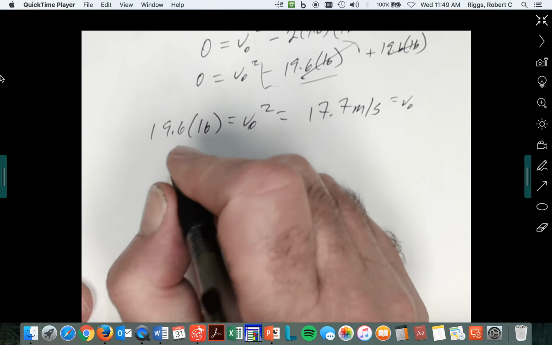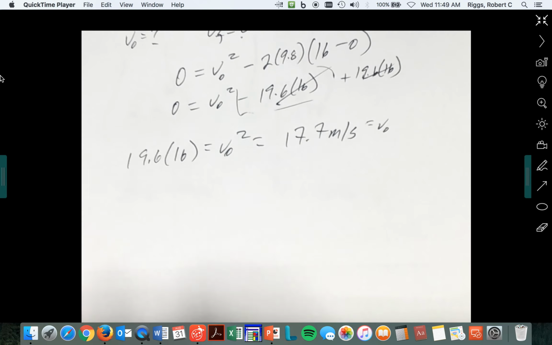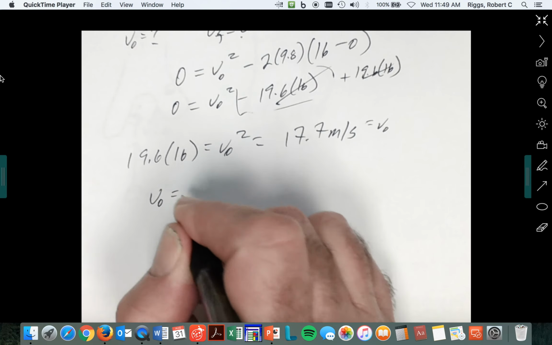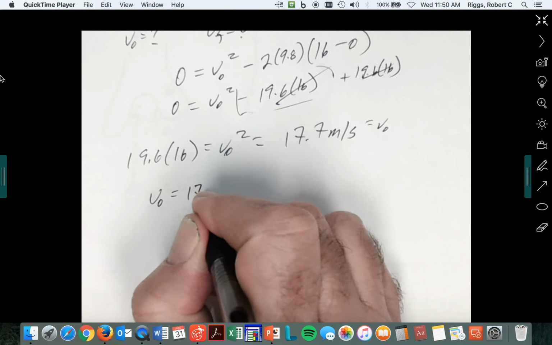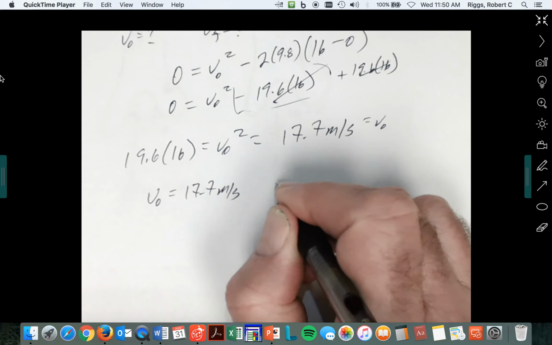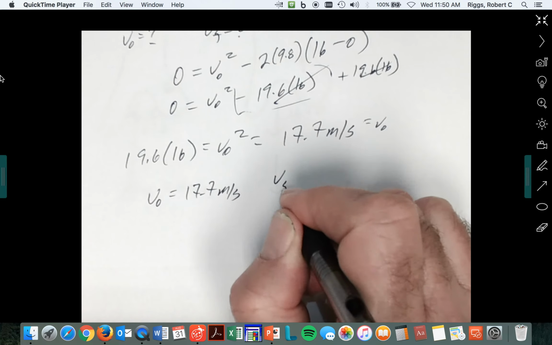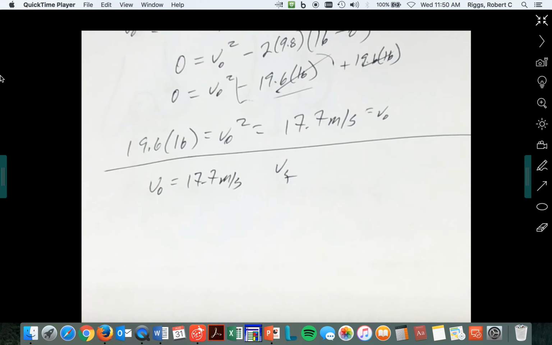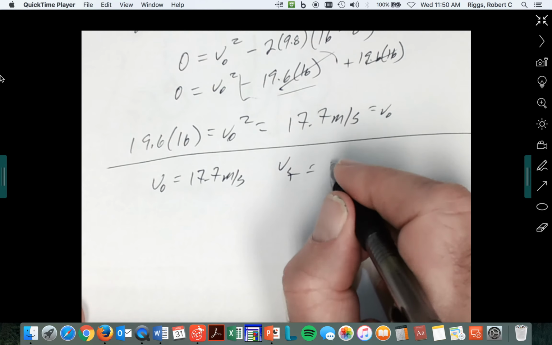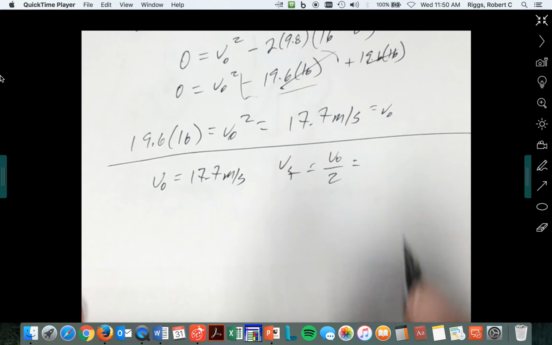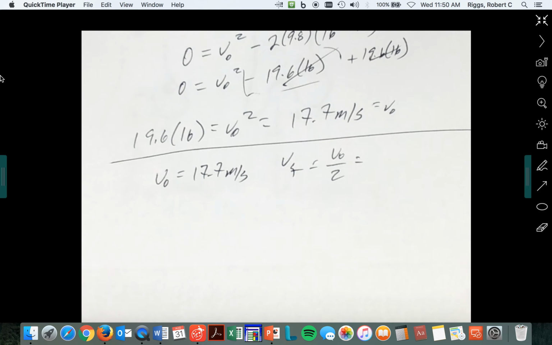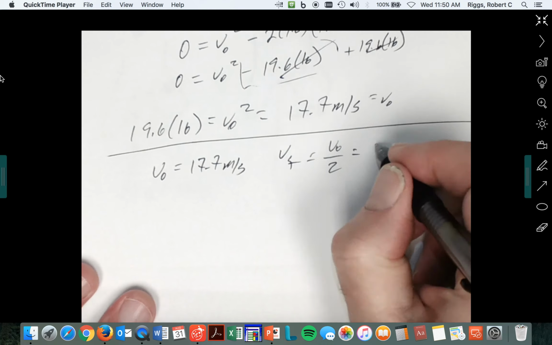And here's how I do it. If V naught is equal to 17.7, then the V final that I'm looking for in this new problem is equal to 17.7 over 2. So take that divided by 2: 8.85 meters per second.